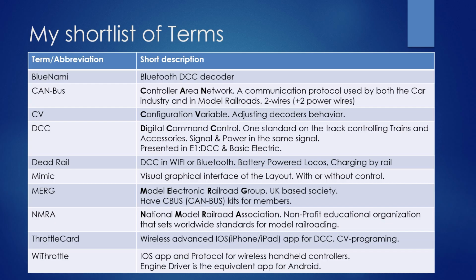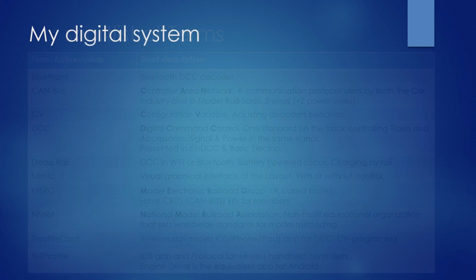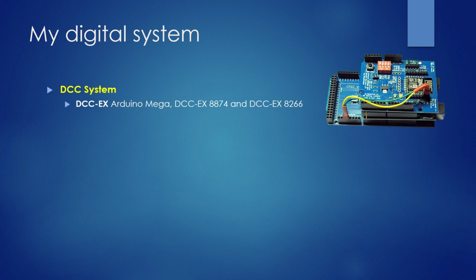Okay, let's move on and look at the digital conclusions and choices I made. My choice, after looking into and comparing some of the systems that are mentioned in this presentation, are as follows. My DCC system is DCC-EX.